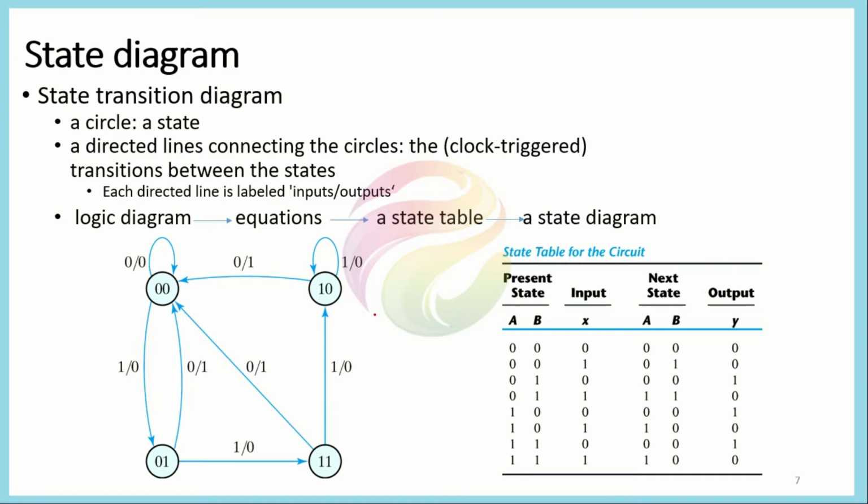Zero detector means it will be detecting the value of 0 in a stream of 1s, because whenever we have a value of 0 in the input here, the output is asserted, or it has a value of 1.